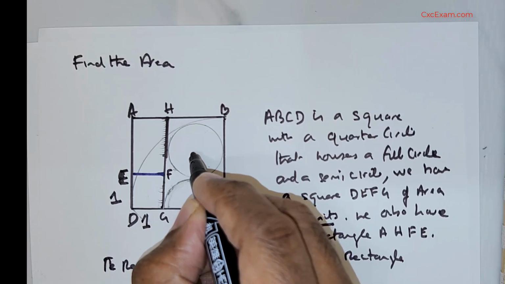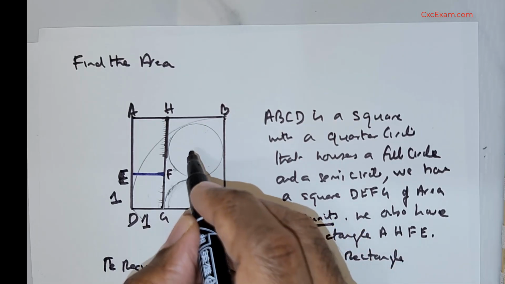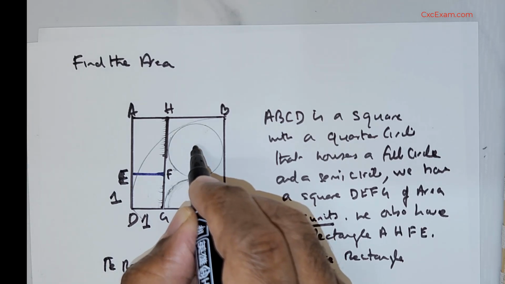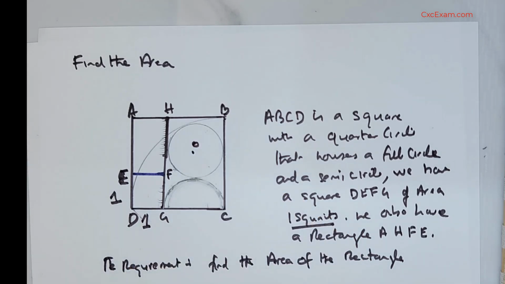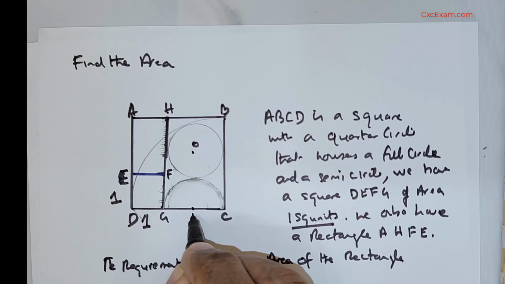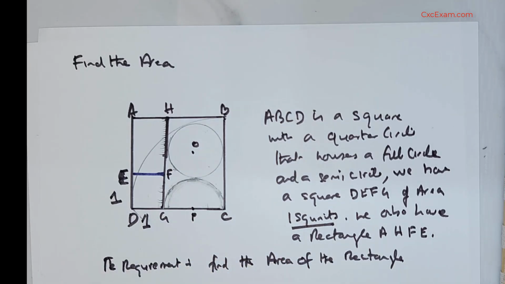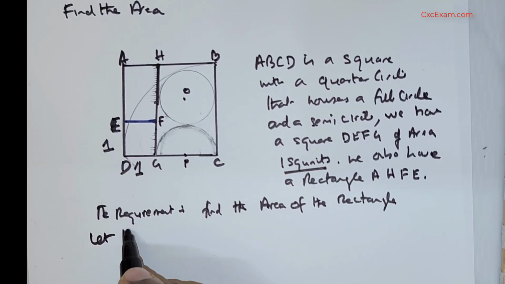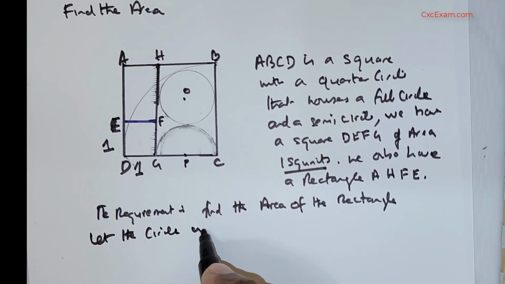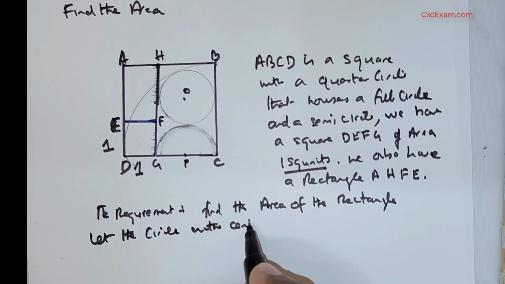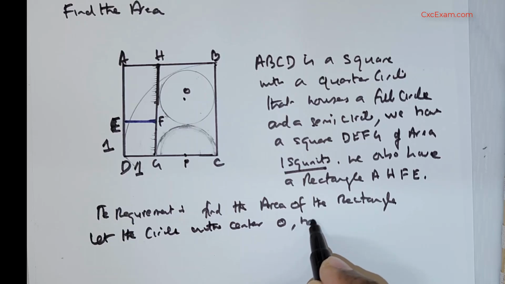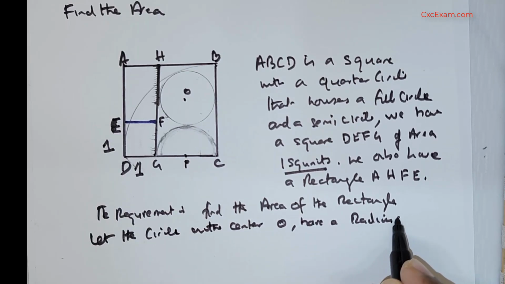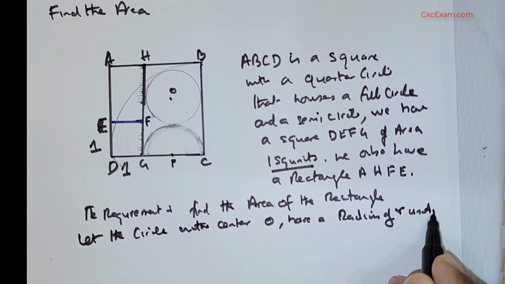So foremost, we have a circle with center O, and then we have another circle with center P. Okay, in fact this is a semicircle. Let the circle with center O have a radius of r units.